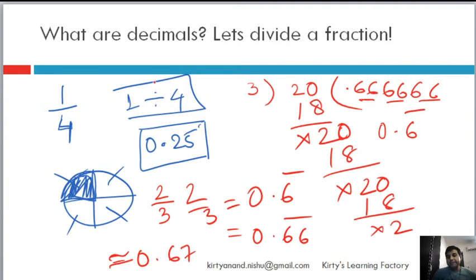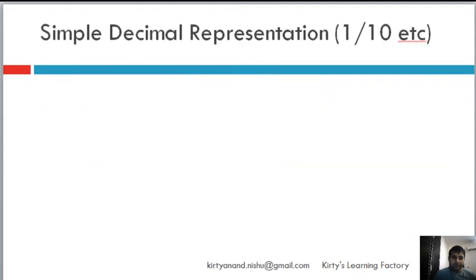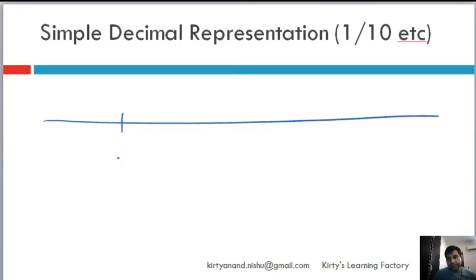So like I said, every fraction can be expressed as a decimal number. Decimals are nothing but a different representation of fractions. Now let's see on the number line, where is it? I will make a big number line here, 0 to 1. The middle point as per fraction is 1 by 2. The same thing as per decimal is 0.5.